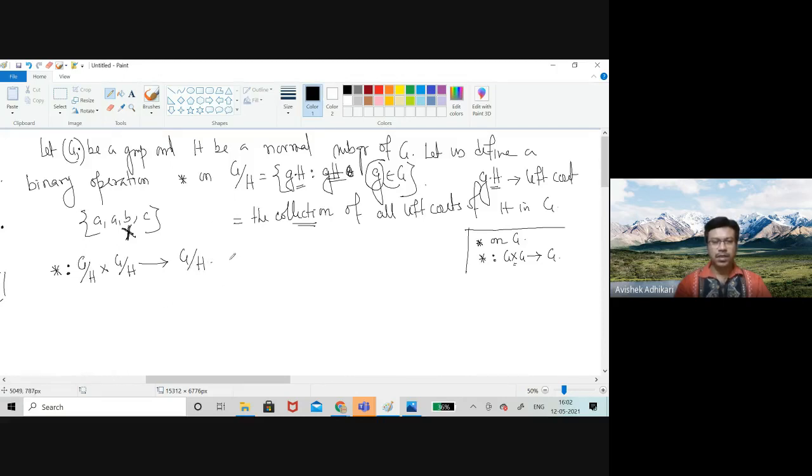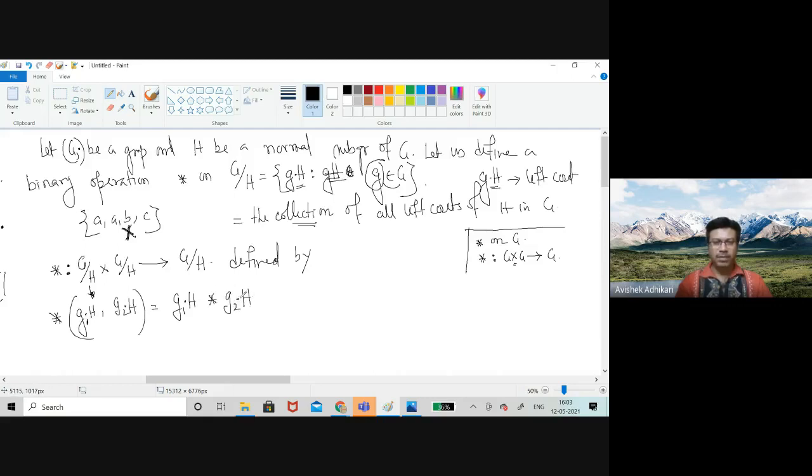So this is the binary composition defined by, now I need to define it. How should the element look like here? gH. So I put it, say, g1H, and how should this element look like? g2H, and you are applying star on it. That means g1H star g2H.